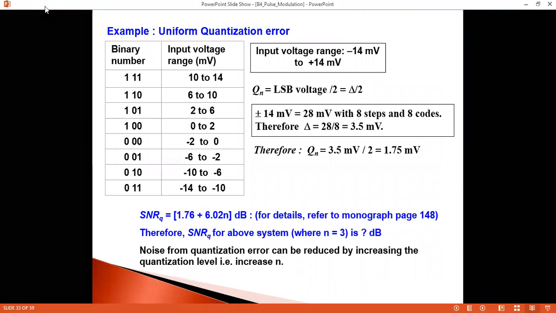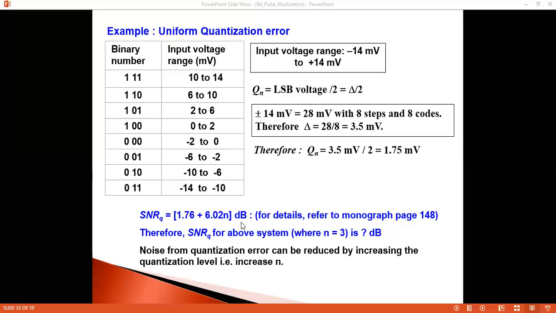Okay, so for PCM, we have this term SNRQ, which is the SNR due to quantization error. And for uniform quantization, the formula is 1.76 plus 6.02n. Okay, so n is the number of bits, and you just multiply n with 6.02, and the answer is in dB.